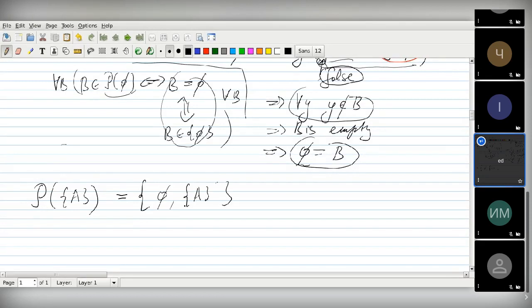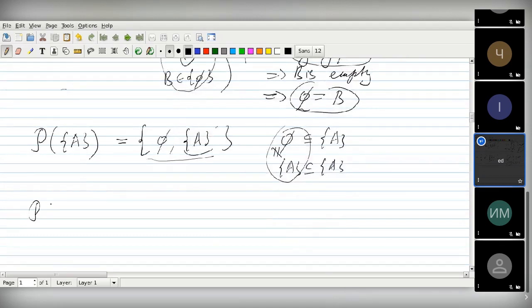Of course. Why is it so? Because we know that the empty set is a subset of any set, and also every set is a subset of itself. And these two are not equal because this one is not empty.